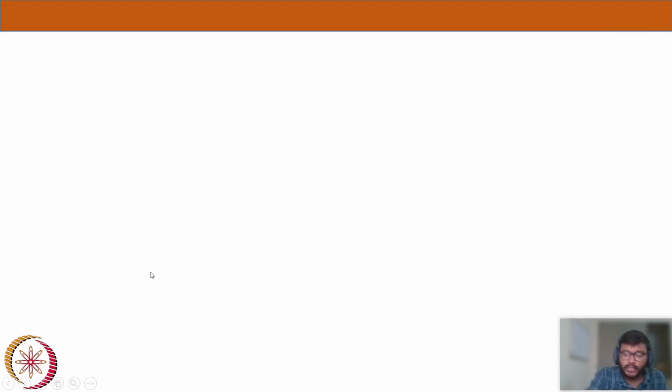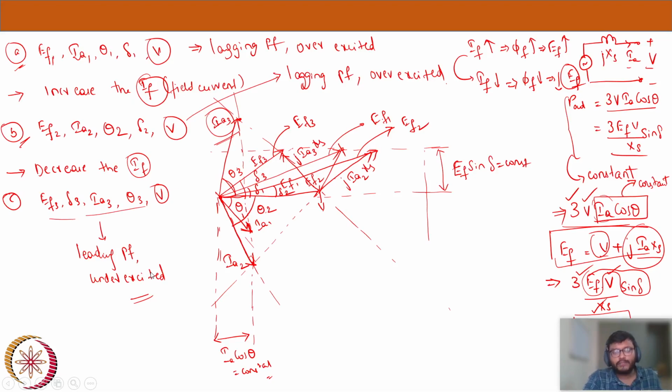So these conclusions which we have drawn are very simple, but they are very important. If you want to operate your synchronous generator near a leading power factor, you know that you have to under-excite it, because your synchronous generator can never be in an over-excited state while giving a leading power factor, because that's how the phasor diagram is, that's how the rule is.